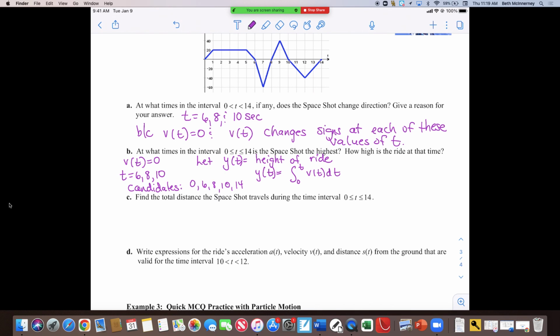So wouldn't y of t be the integral from 0 to t of v of t dt? So I'm going to need to put 0, 6, 8, 10, and 14. The nice thing is you're starting at 0.